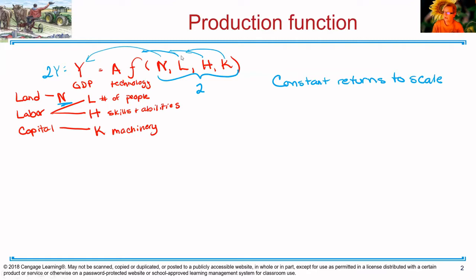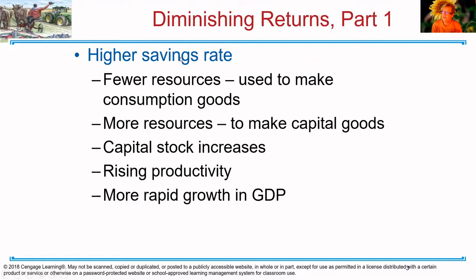Okay. Now, let's talk about this law of diminishing returns. Basically, the law of diminishing returns says if we increase savings, because here we have a higher savings rate, then what that means is that we're going to be able to spend less, because the two things at this point that you could do with your money is spend it or save it.